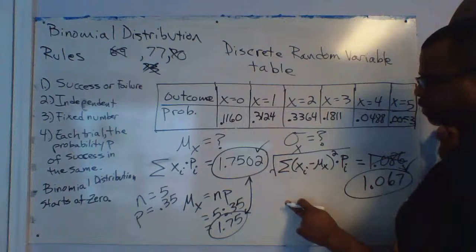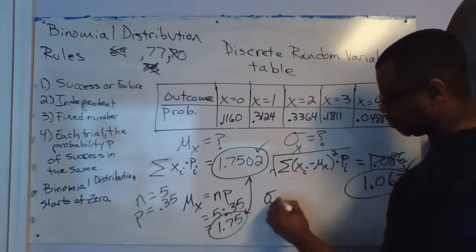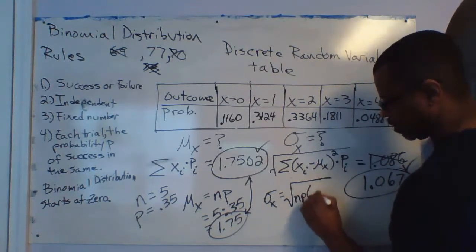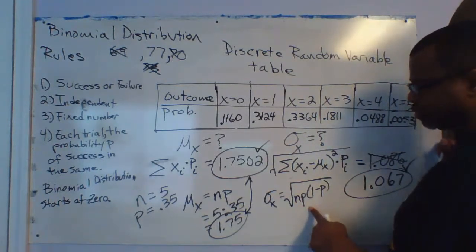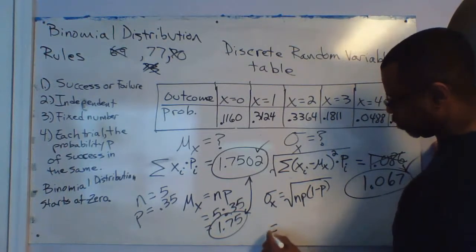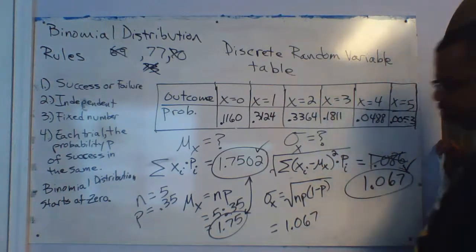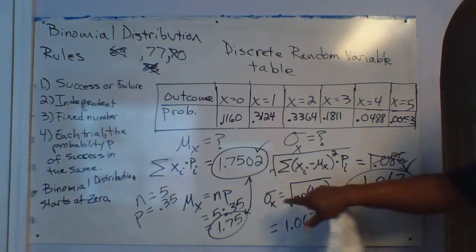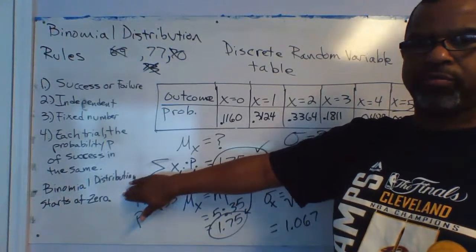And then if I want to find the standard deviation, I'm going to take the square root of n times p times 1 minus p. In other words, your sample size times your success times your failure. You're doing the square root of that. So when you do that, you should get 1.067.